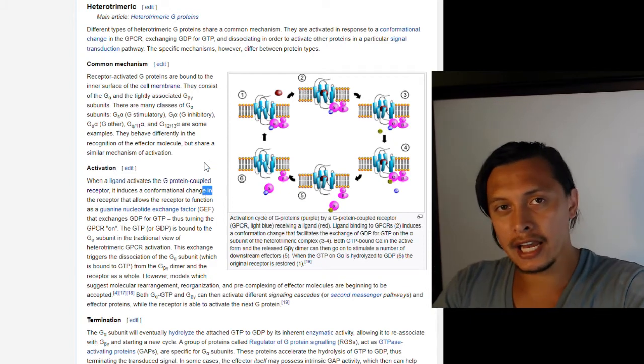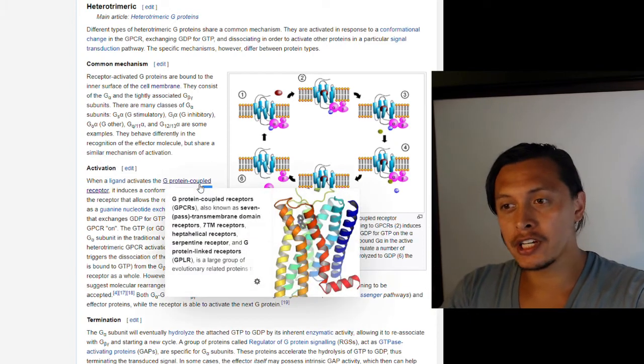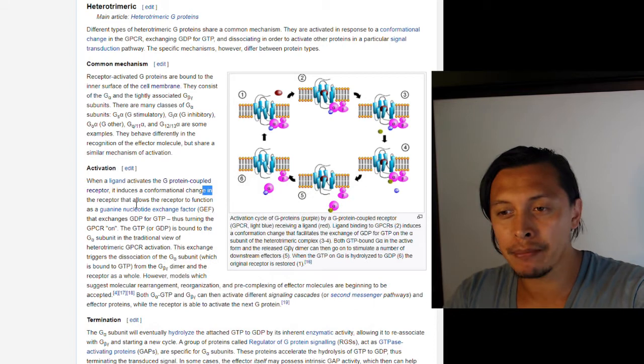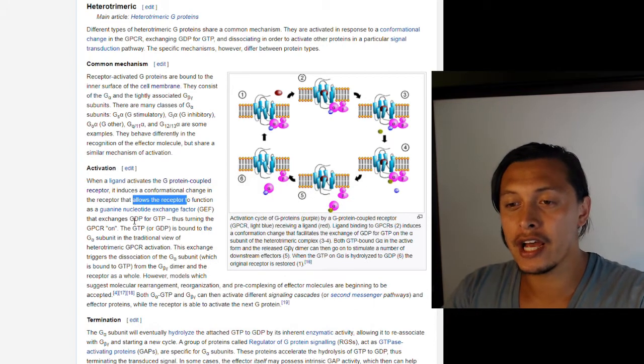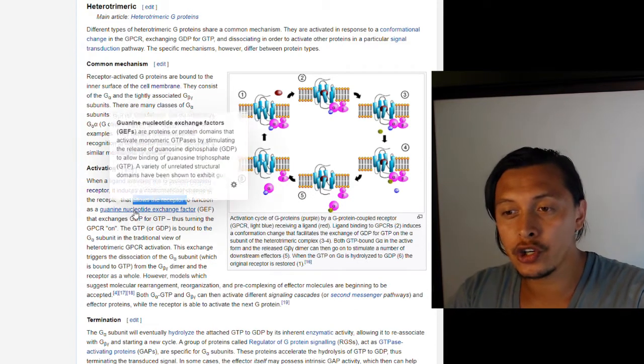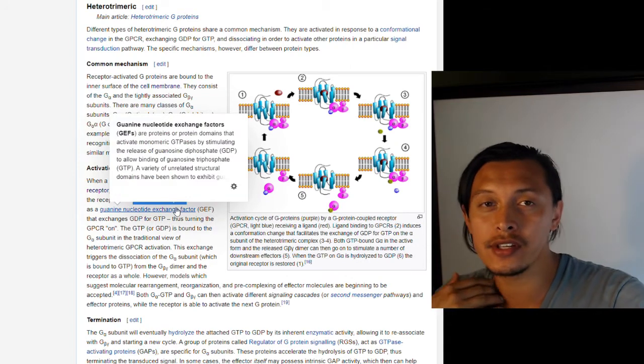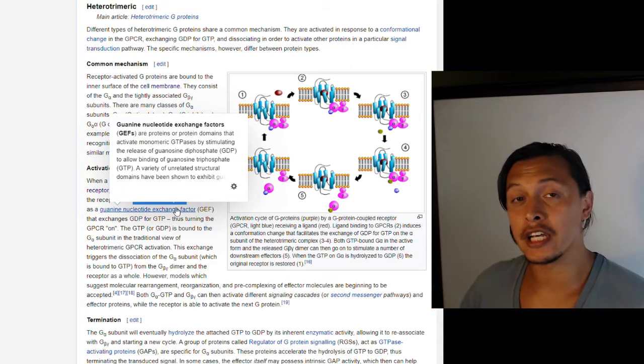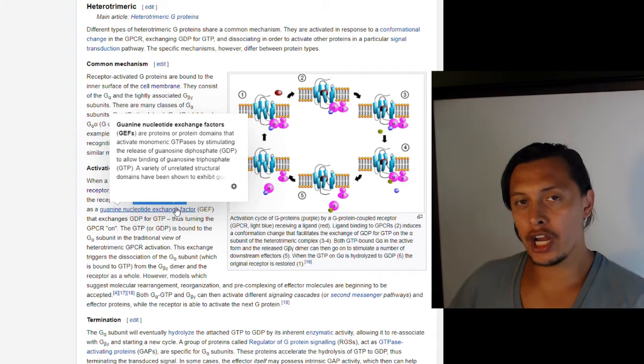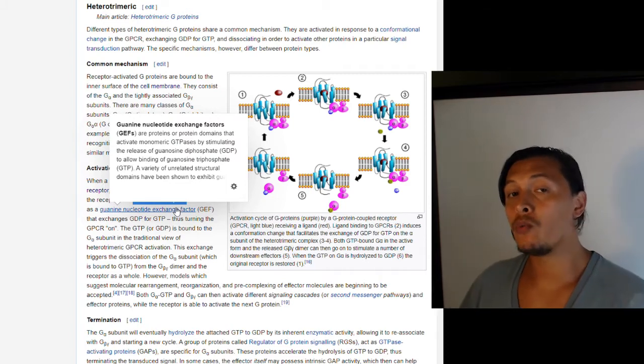So when this ligand binds to the G protein coupled receptor, it changes shape and allows the receptor to function as a guanine nucleotide exchange factor. So it's basically now functioning as a way to exchange GDP with GTP.